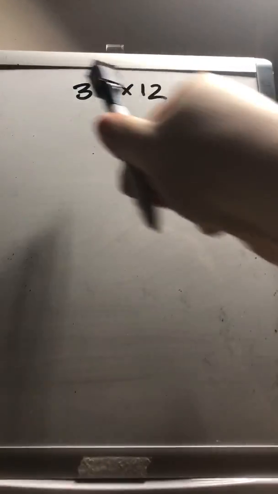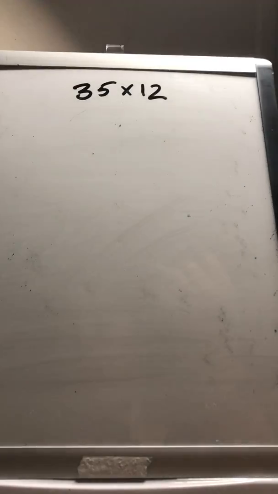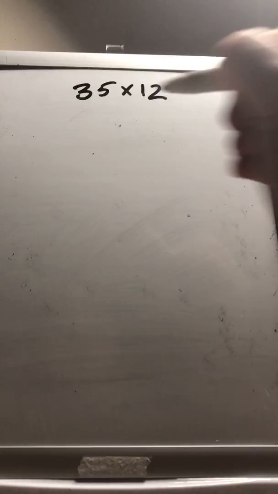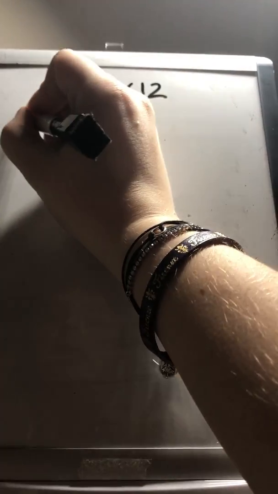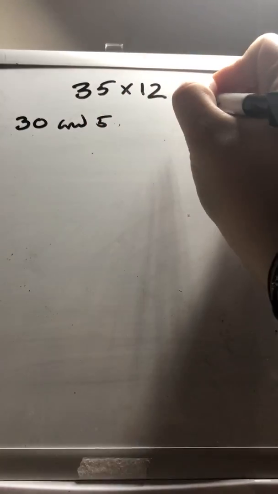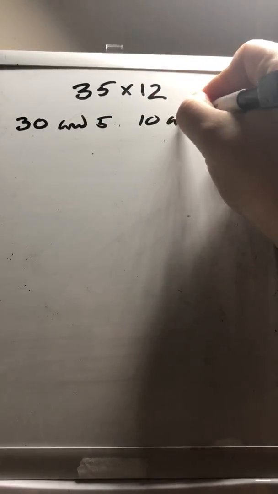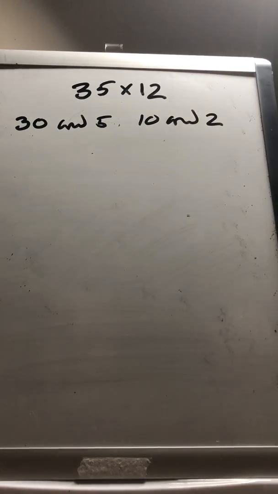Now again, we have 2 digits in each number, so our area model is going to be a little bit bigger. But before we get there, let's break our numbers down. From 35 we're going to have a 30 and a 5. And from our 12, we are going to have a 10 and a 2.